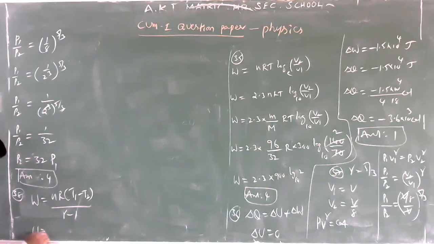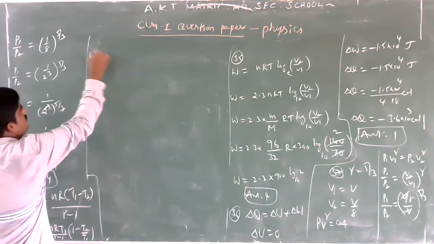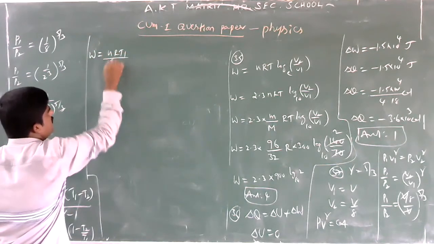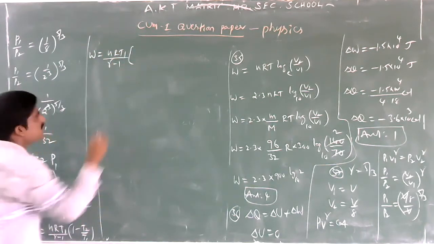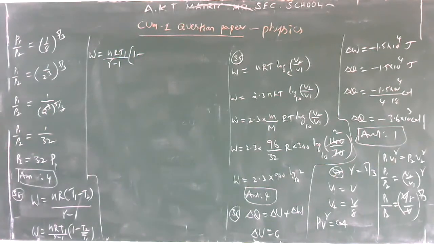This can be written as W is equal to nR T1 by gamma minus 1, with T1 common, remaining 1 minus T2 by T1. In an adiabatic process, what is the relation between volume and temperature?